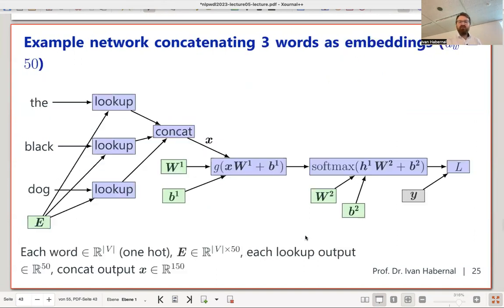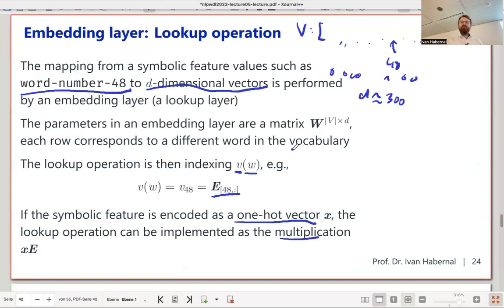Okay, I hope I have an example here. No, let me make one. So I have some matrix here, W, which is the size of the vocabulary, so this is V, and here this is d. And there are some numbers which I'm going to learn in a network. These are the parameters of the network.